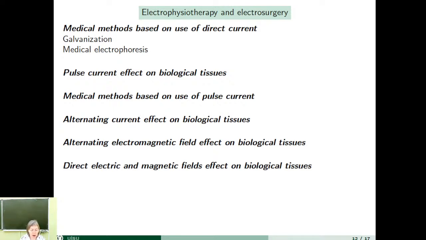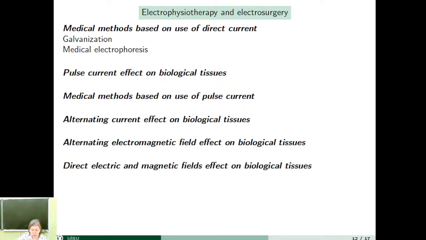When direct current is flowing through tissues, ions in the tissues flow rapidly in one and the same direction. Positive ions shift to one side and accumulate in particular parts of tissue.